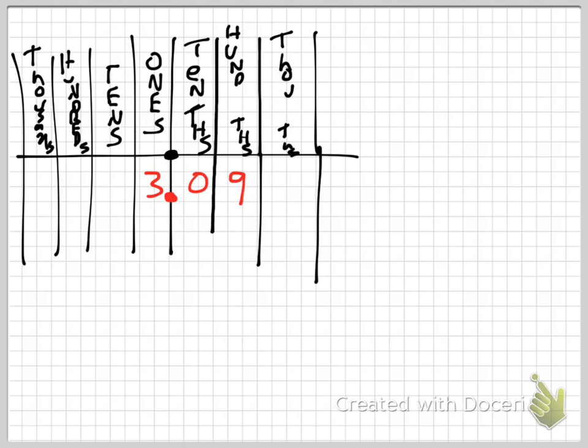Hundredths, because the last number is in the hundredths place. So we read it, 3 and, then you ask, how many hundredths are there? 9. 3 and 9 hundredths. Make sense? It really is that simple.